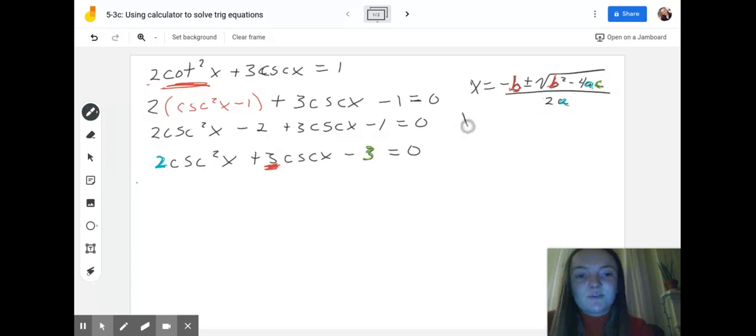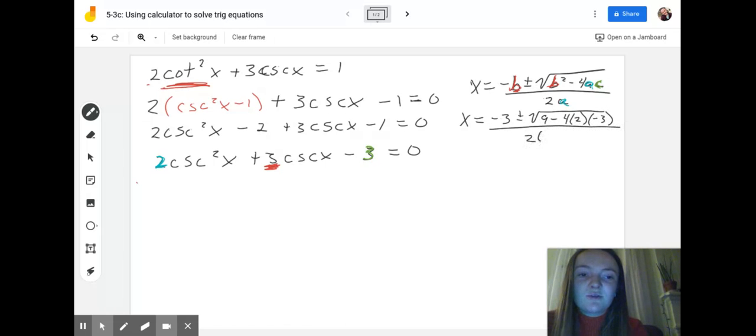So x is equal to negative b, that's negative 2, plus or minus the square root of b squared, which is 4, minus 4 times a. I'm sorry, I'm not writing the right thing here. Let me start that over. All right, x is equal to negative b. Sorry, negative b is negative 3, plus or minus the square root of b squared, which is 9, minus 4 times a, which is 2, times c, which is negative 3, all over 2a.